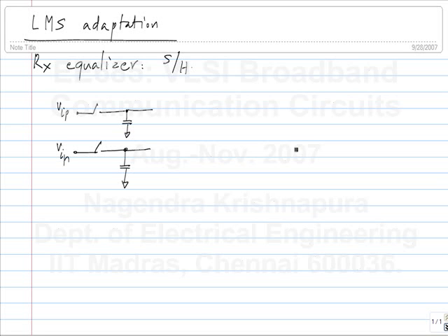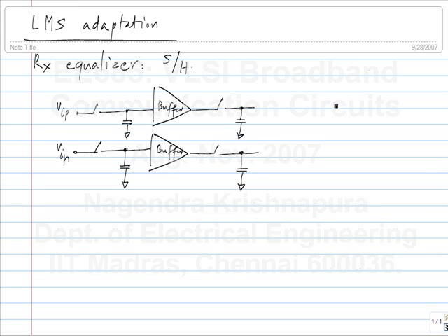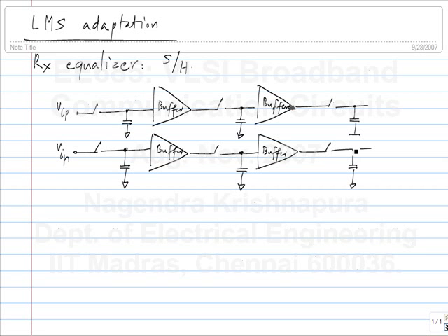And you need a buffer after each stage and so on. You can have multiple buffered sample and holds in cascade. Let's say we also have a buffer here.